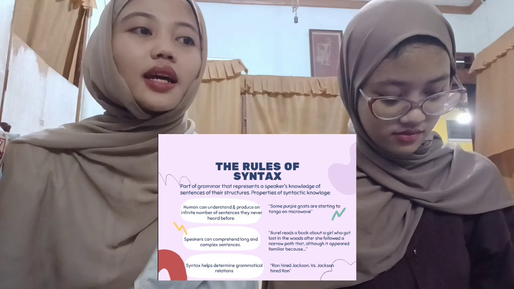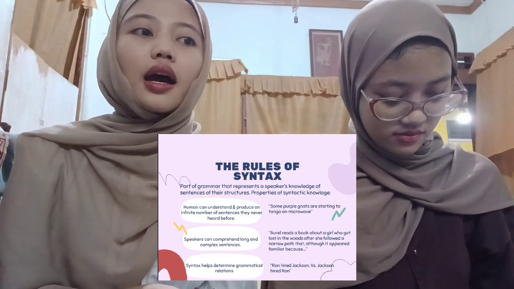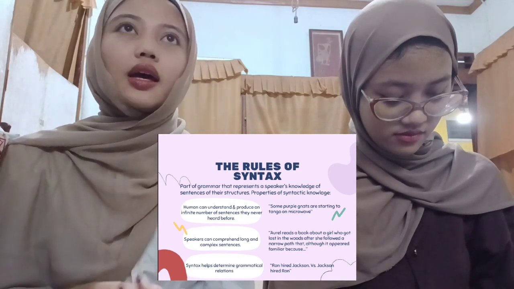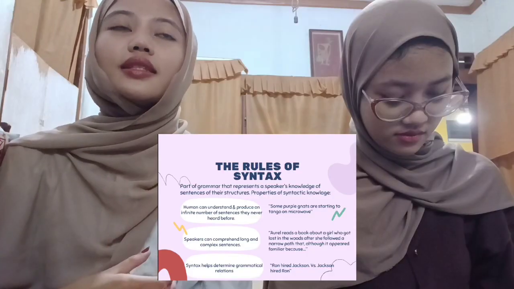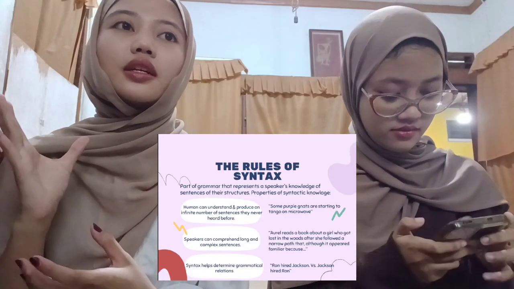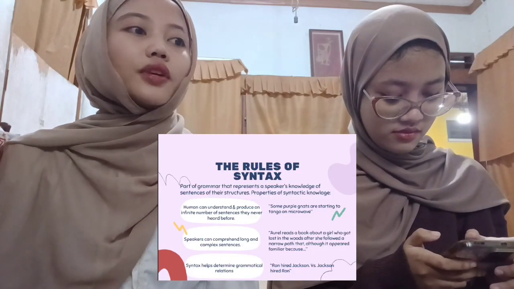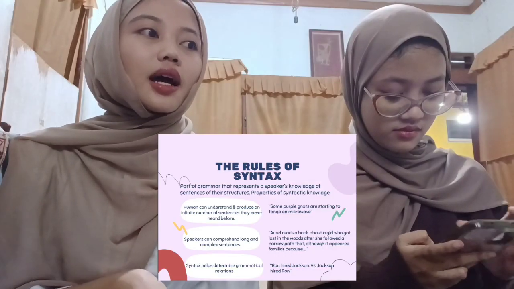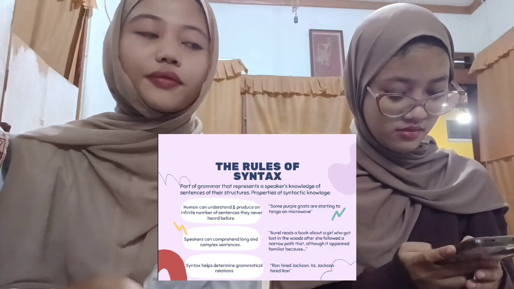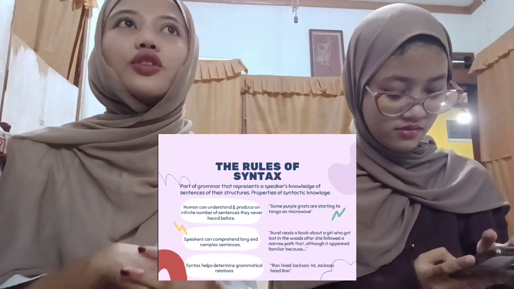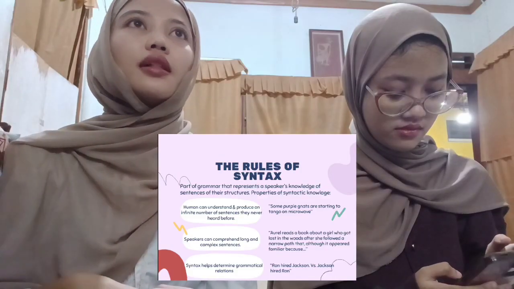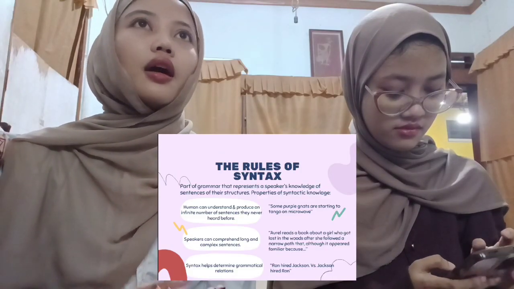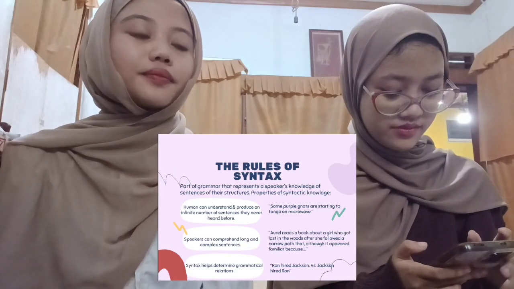First, humans can understand and produce an infinite number of sentences, including sentences they have never heard before. For example, "some purple nuts are starting to tango on microwave." This is so strange, but we can still understand it because the sentence structure is correct.